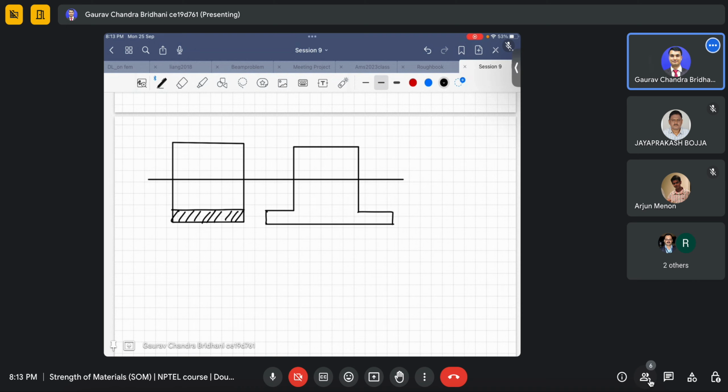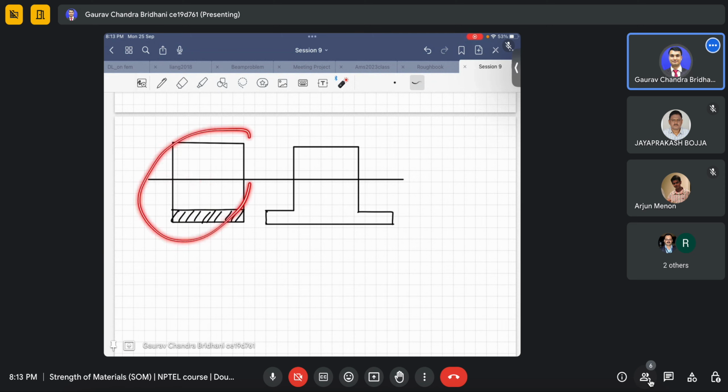Now, what happens? What I am trying to say is the change in the neutral axis. Because the second material is only below, there is no material 2 above, there is no symmetry there. Obviously, due to this, the neutral axis will shift from the centroidal plane.